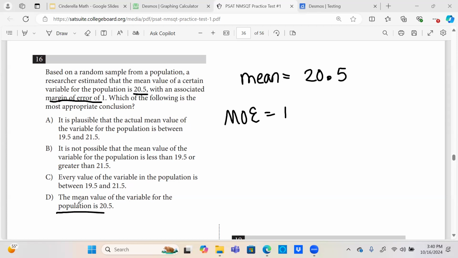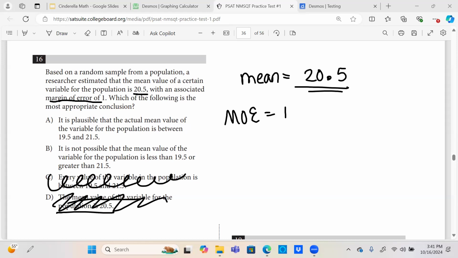So I don't think this is D. This would be correct if there was no margin of error. And I don't think we can say C either. Every value was between 19.5 and 21.5. No, the average was 20.5, but that doesn't mean that every value was, right? So I do think C and D were the two to cross out early on.